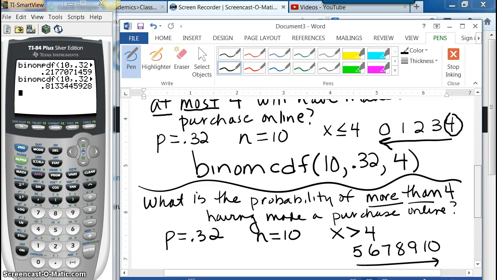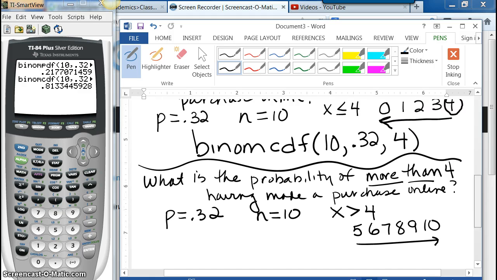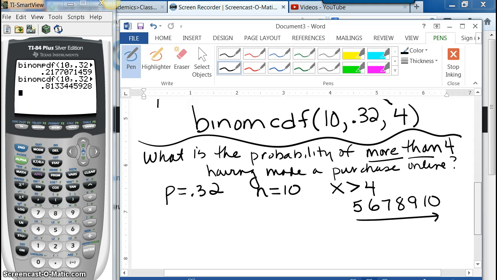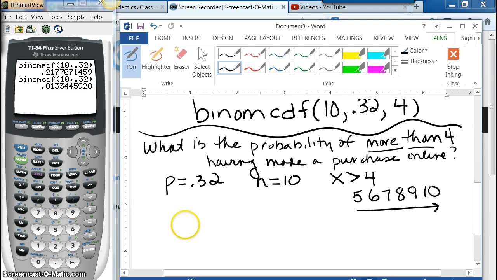So if I do 1 minus and then do the binomial CDF with a 4 on it, then I would have the answer to what I need.